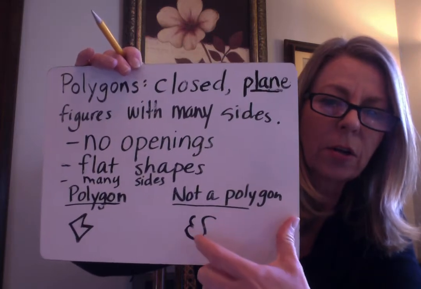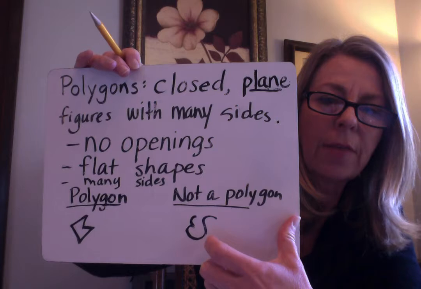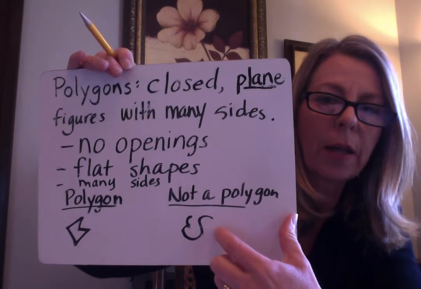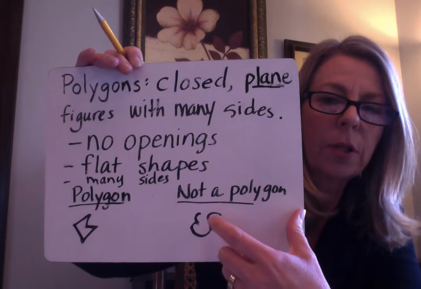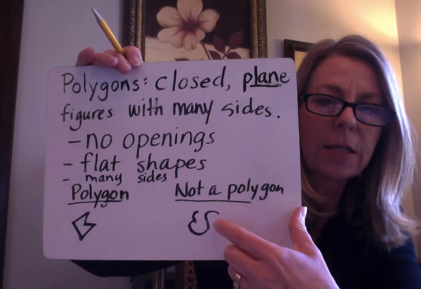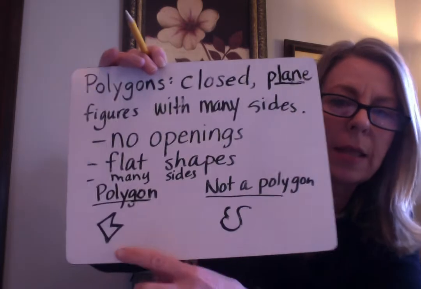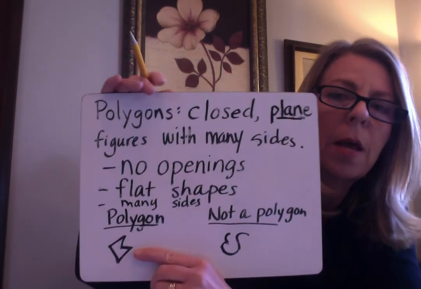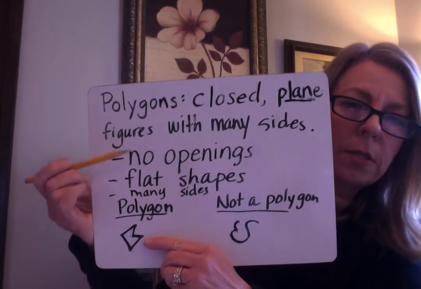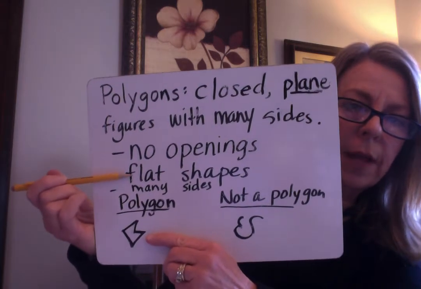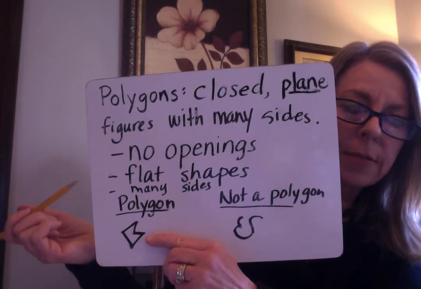No, these are all curves. So we don't have any line segments. So this is not a polygon. It's not closed and it doesn't have many sides. So this would not be a polygon and this would be a polygon. So remember, polygons are closed. They don't have any openings. They're flat shapes and they have many sides. Okay, so let's move on.